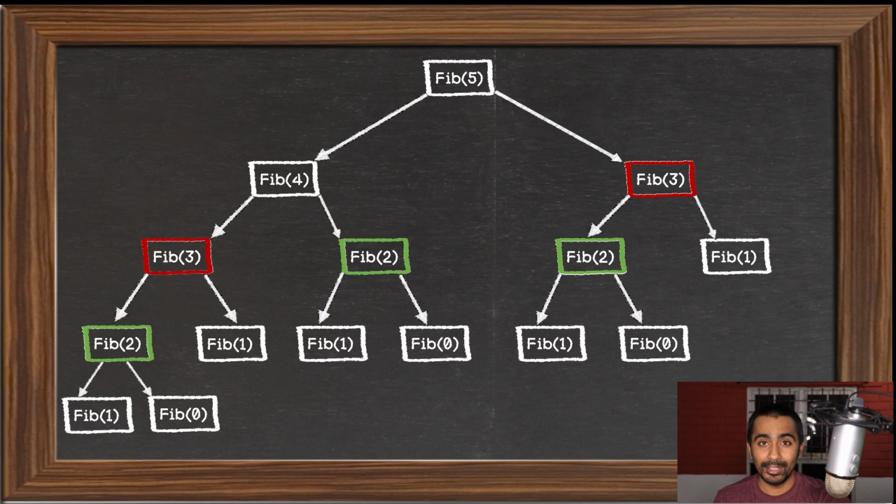In fact, for this problem of calculating Fibonacci number, we actually reduce the time complexity from O of 2 to the power of n to O of n. That's a huge improvement.